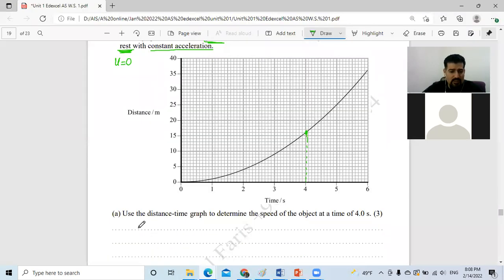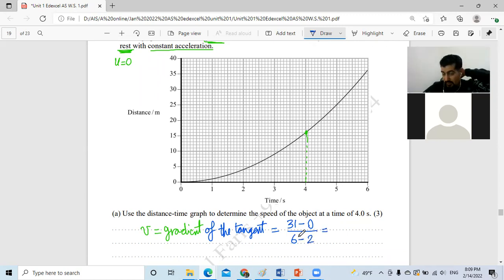So the velocity or the speed equals the gradient of the tangent, which equals 31 minus 0 divided by 6 minus 2, the y-axis over the x-axis.